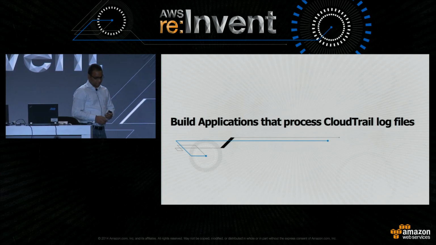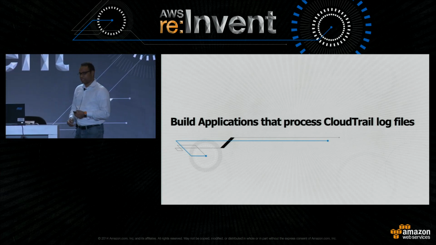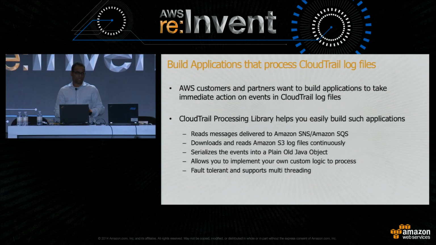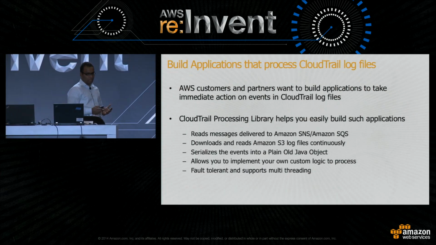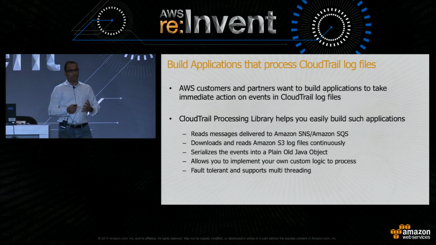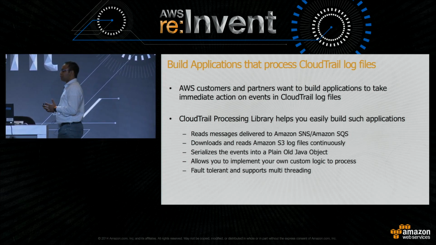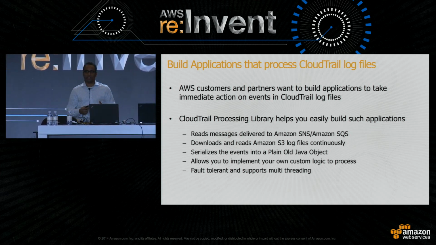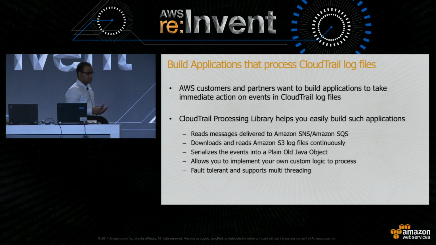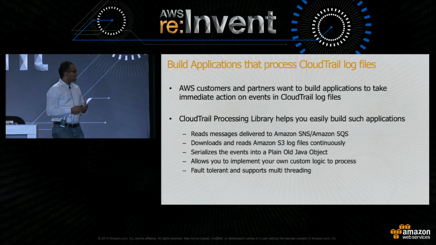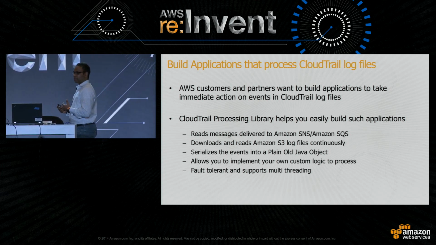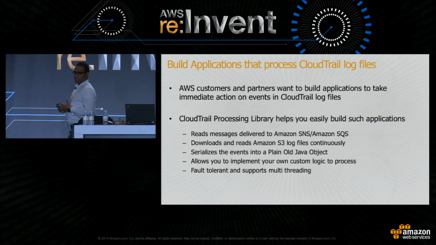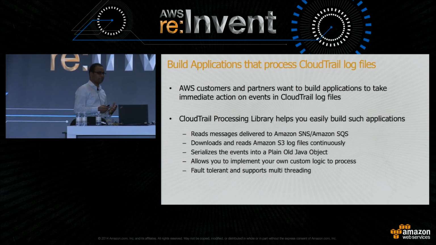So what we did two weeks ago is we launched a processing library in Java. It's called the CloudTrail Processing Library. It provides all the functionality that you would probably do today on reading those messages delivered to your SNS topic or an SQS queue hooked to that SNS topic, and downloads all those log files from S3 continuously, serializing those events into a plain old Java object for you to act upon.